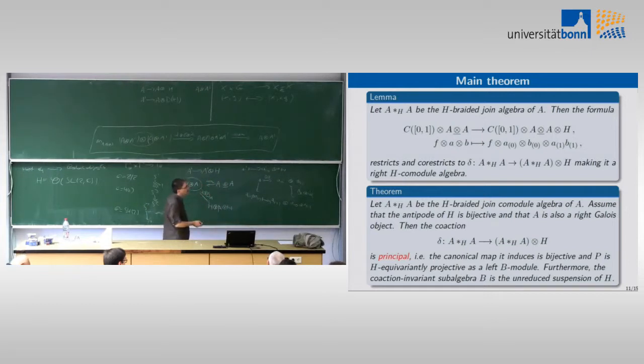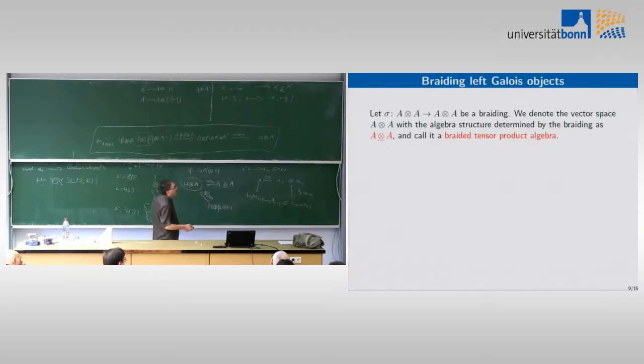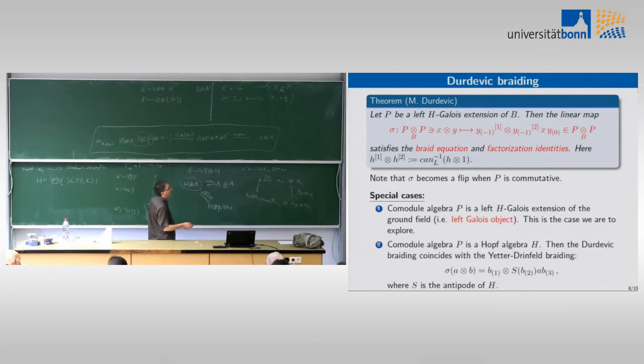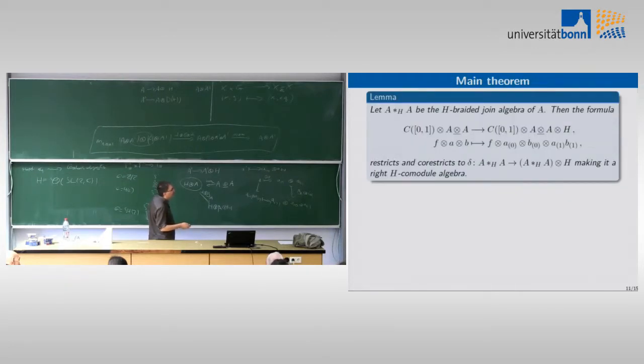Okay? And once I have it, and then I have my construction of this join comodular algebra, the main result is that it is principal in the sense that the canonical map, this Galois map, it induces. Remember this map? Maybe I will flash it back. Yeah, this one. So first, for P being the join, we can prove that this map is actually bijective, which requires some technology.